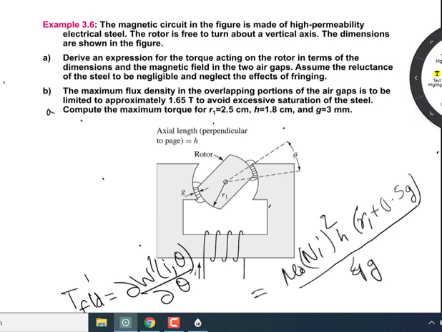Why? Because even if you analyze this in the context of energy conservation, you will see that nature wants to maintain the minimum energy state. So when your rotor is aligned with your stator shoes, you will have the minimum air gap, and minimum air gap means minimum air gap energy.